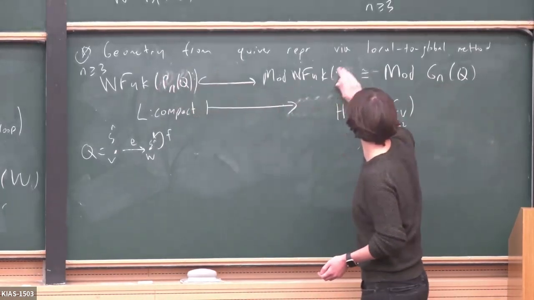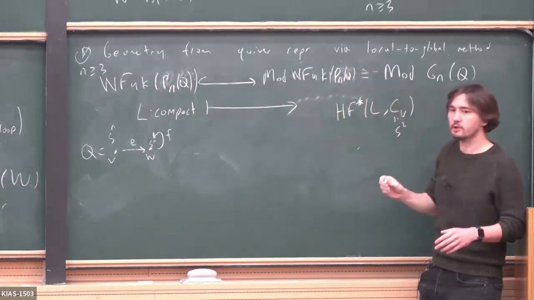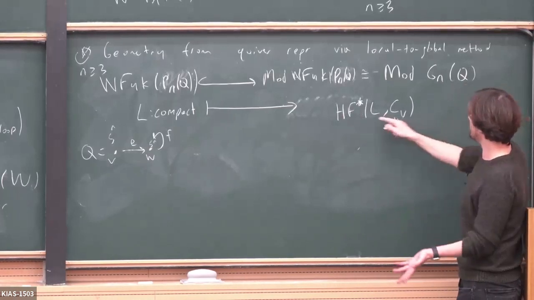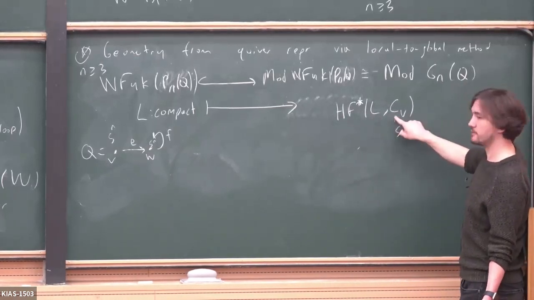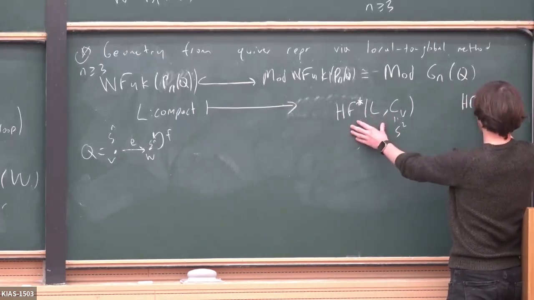From now on, it's always P and Q. For any compact Lagrangian in the plumbing space, the representation is given by the Floer homology between L and C_V. This gives you some graded vector space.